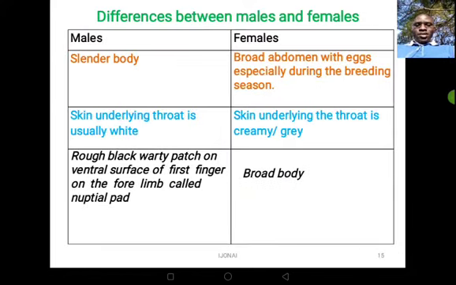So let's look at the differences between males and females based on their body characteristics. So when you look at the males, you realize that their body is generally slender. They have slender bodies. And for the females, the adult females, their bodies are broad, especially the abdomen area. The abdominal area is broad, especially during the breeding season.